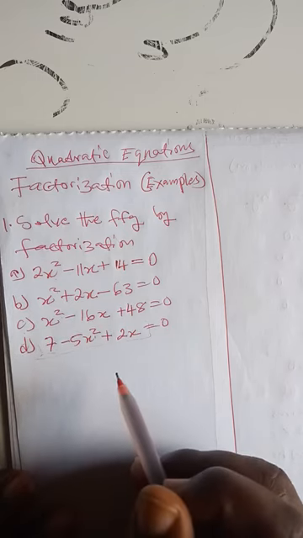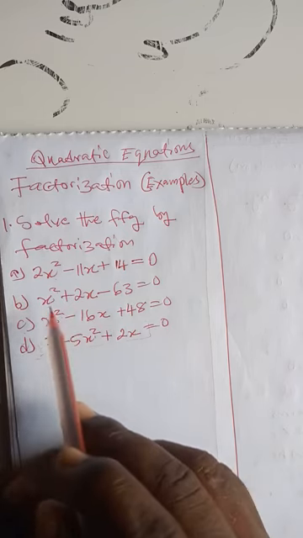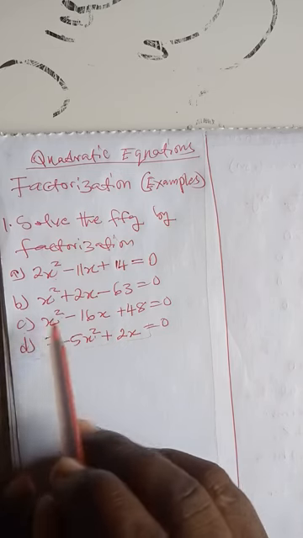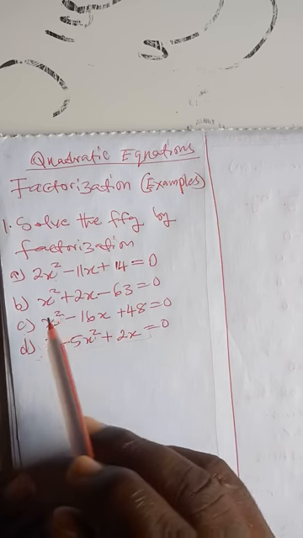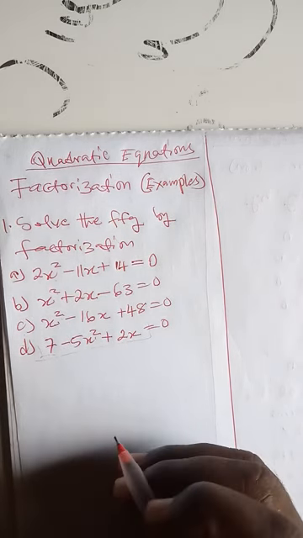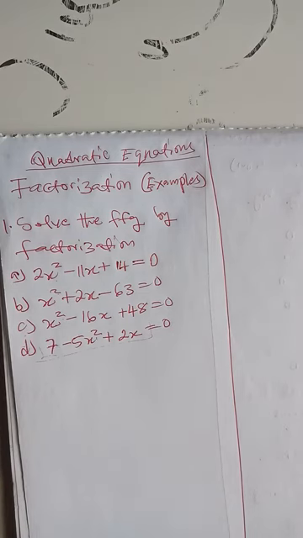Anytime you want to solve a quadratic equation and it is in a form other than this, you have to take it back to this, starting with the highest power, which is 2. I define a quadratic equation in x as an equation in which the highest power of x is 2.